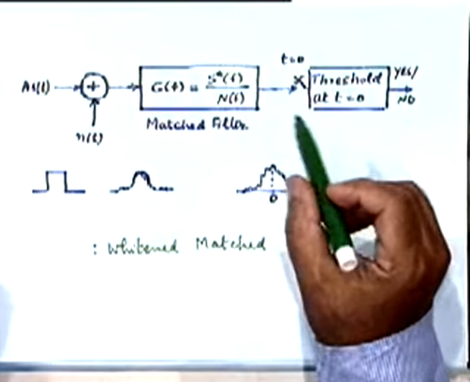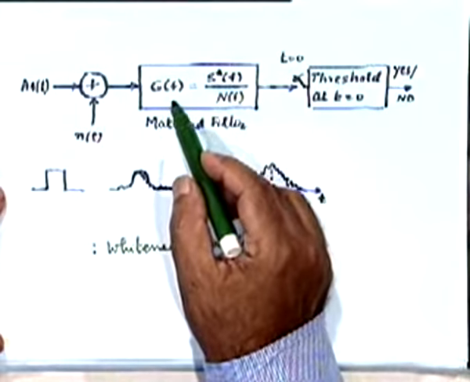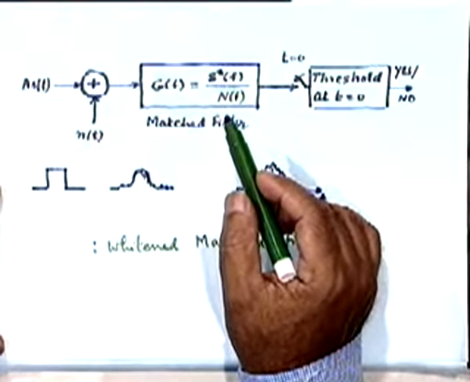So what a Whitened matched filter is really doing is weighting the input signal in the frequency domain according to the signal to noise ratios present at different frequencies. Components which have most contribution from signal are given more weightage, and those frequency components which contain energy from noise are suppressed. So you choose a transfer function which depends on the input signal to noise ratio at different frequencies. That's the basic idea.